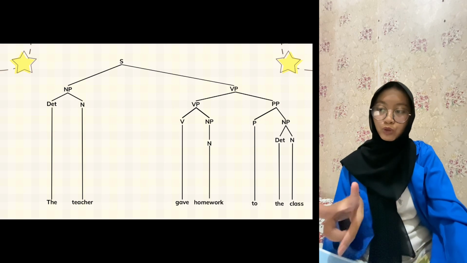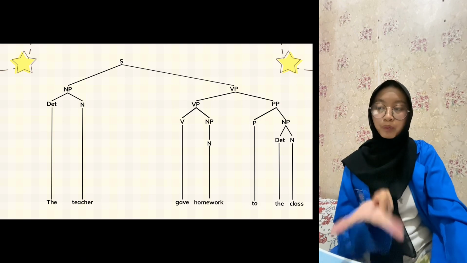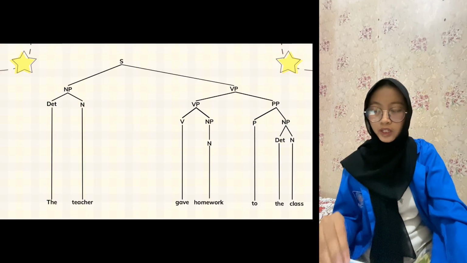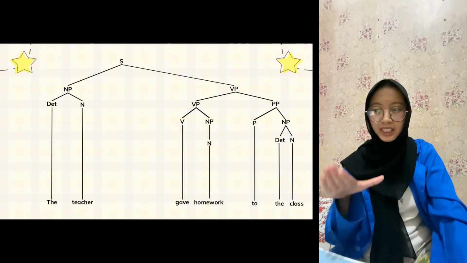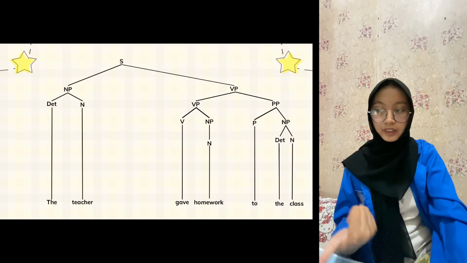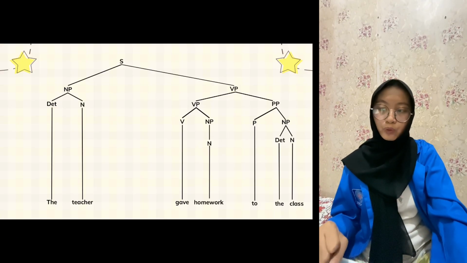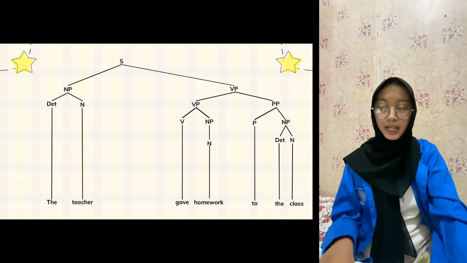Inside it there are two: preposition and NP, or noun phrase. The preposition is the word to, and for the noun phrase, we divide it again into two. Inside it there is determiner and also noun. For the determiner, there's the word the, and for the noun there is the word class.